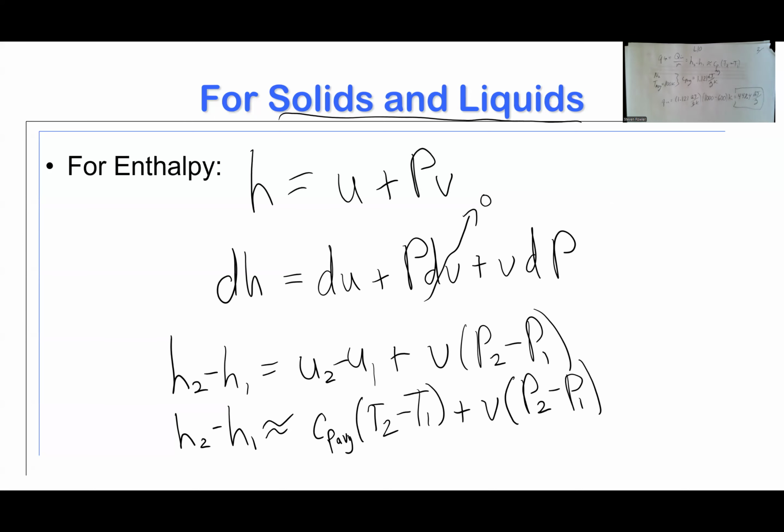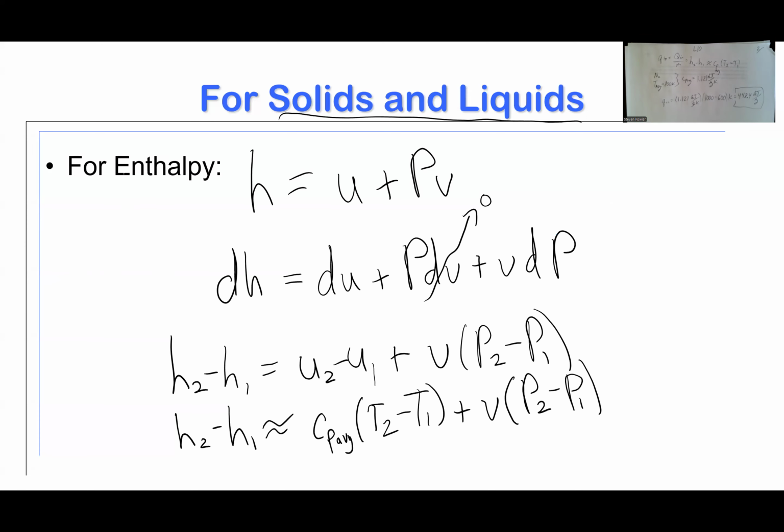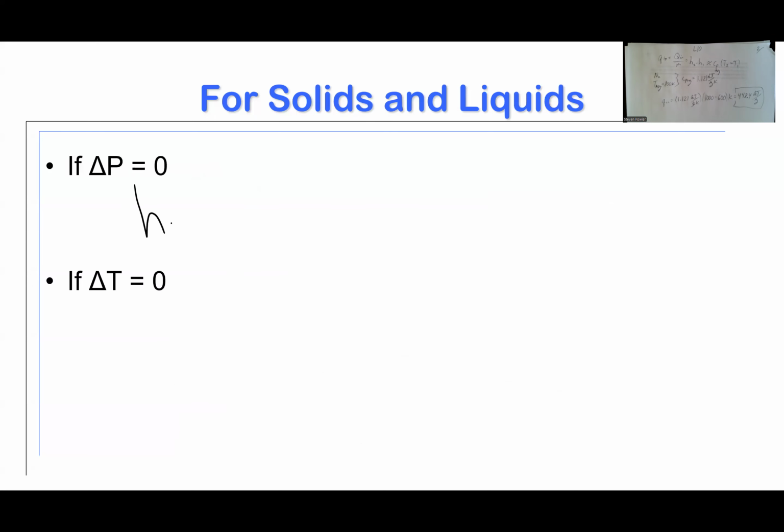Okay. Now, there's two main scenarios I'm going to deal with in this text. If I've got essentially a negligible or no major change in pressure, if I go back and look at this expression here, if there's no change in pressure, this second term goes away. Now, delta H can be approximated as C sub P for the particular solid or liquid at the average temperature times the change in temperature.